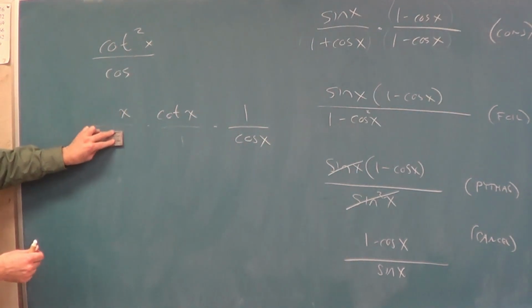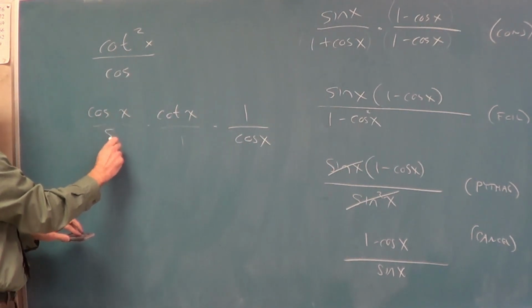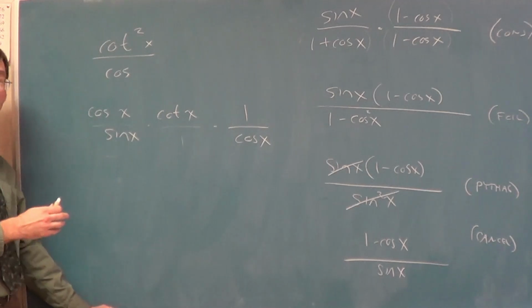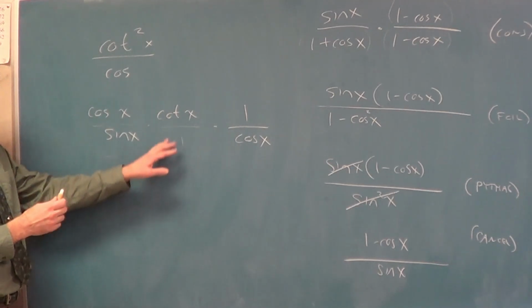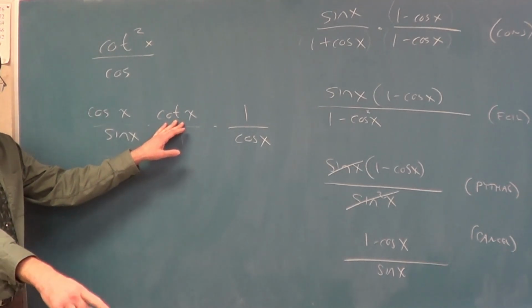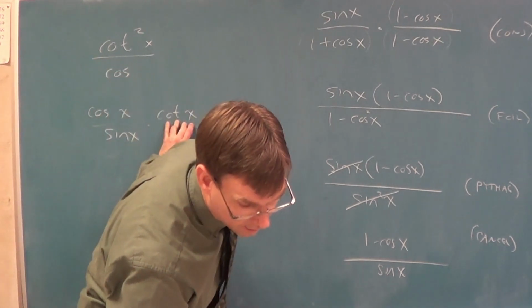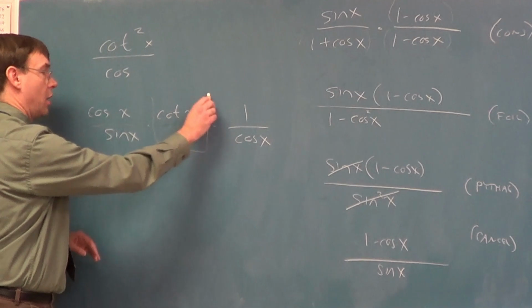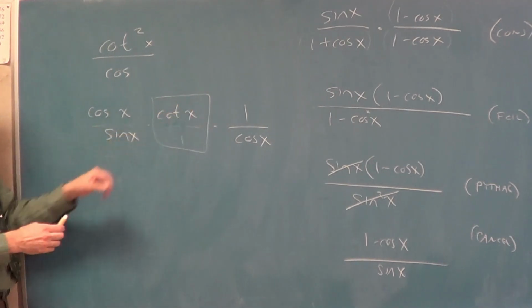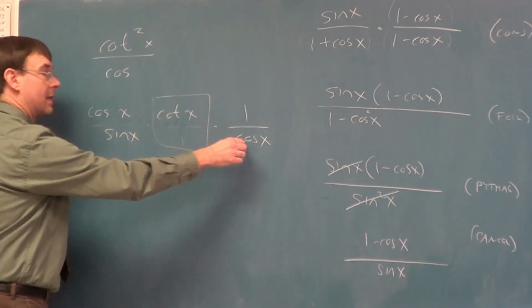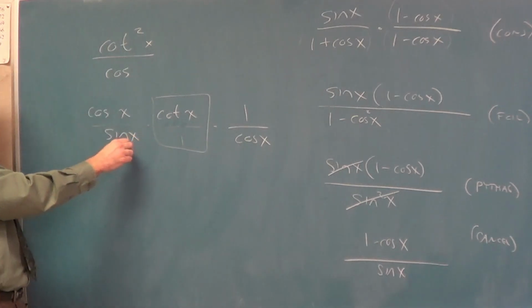Cotan is cosine over sine for one of them. I'm not going to attack the other one because I saw it was in the answer. There is a cotan in the answer for that one, so half victory from that. Attack these. What can you do with these?